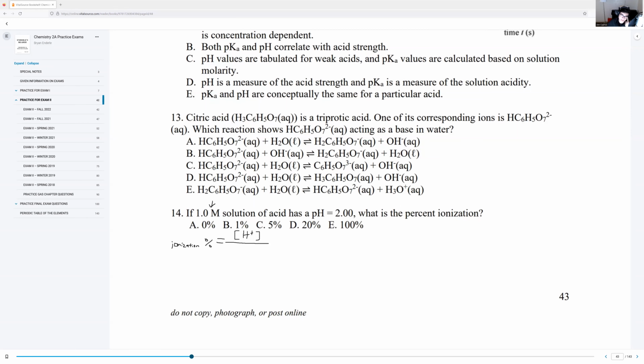If it's so dilute that this is negligible, and you don't know if your H plus is coming from the water or the acid, then you can't do this problem.